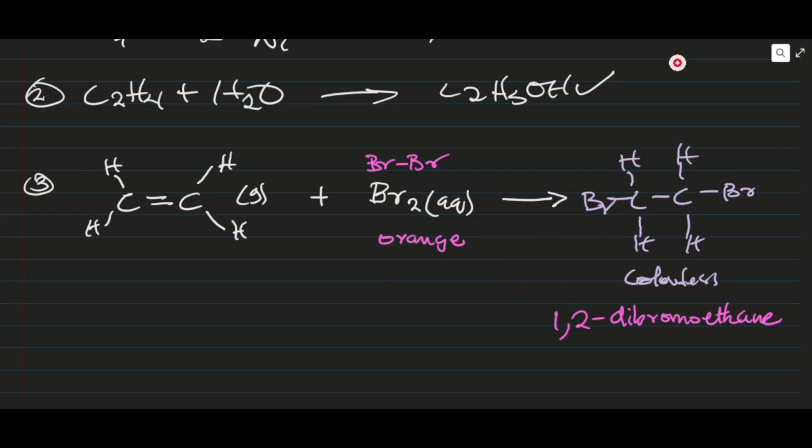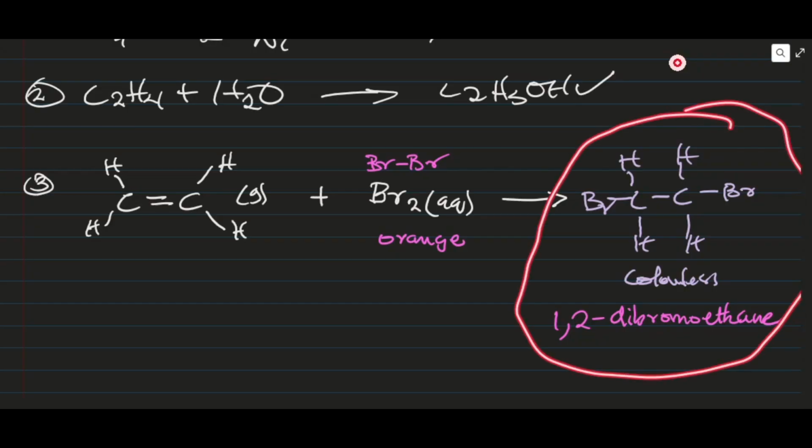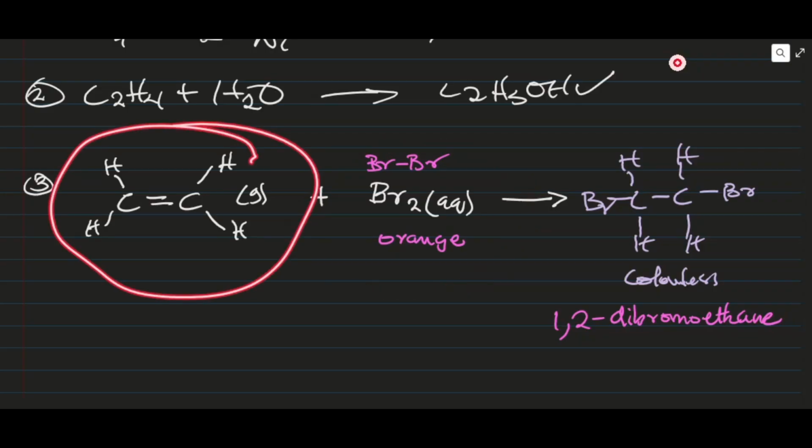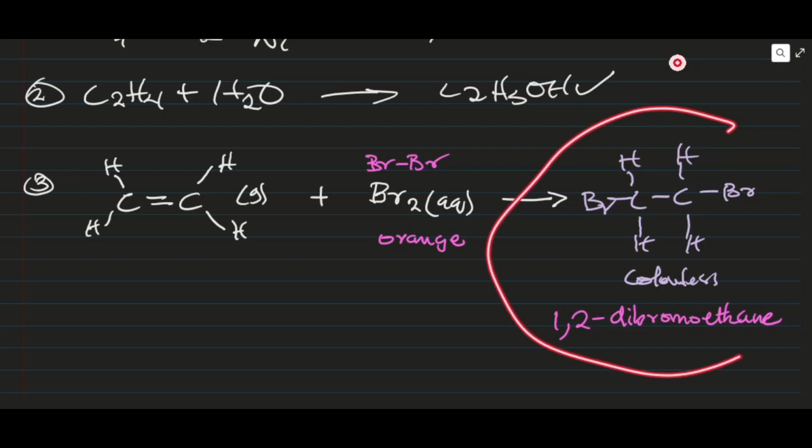So when you get the product, that product is something else entirely, which does not have color. So what you are going to see is that the orange color of bromine will disappear, which means bromine has actually reacted with your alkene to give you something new, which is colorless.